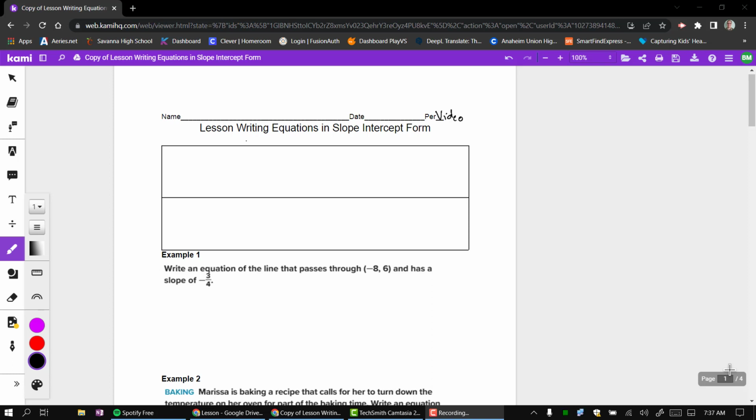So let's start off with some key concepts. So we have step one. We want to determine whether the given point is the y-intercept.